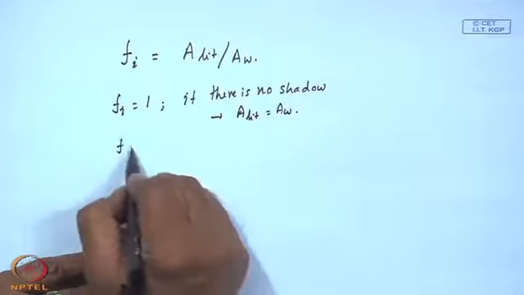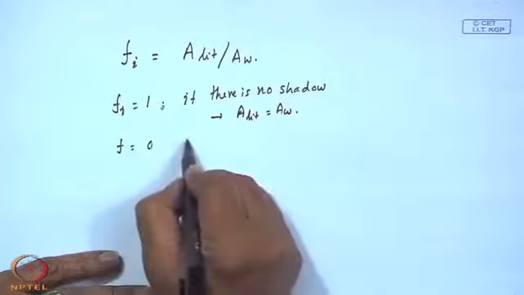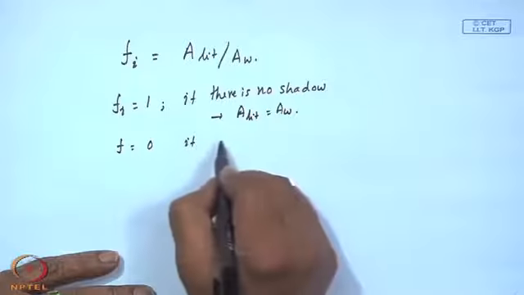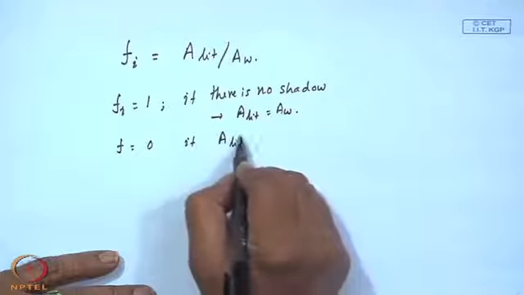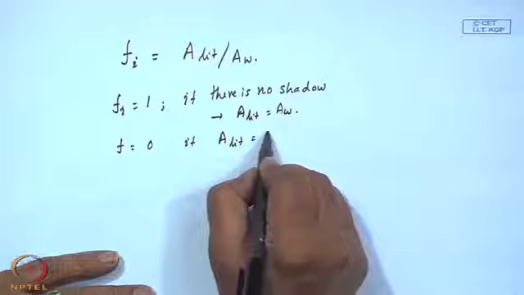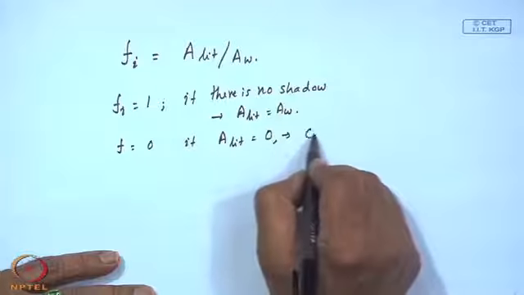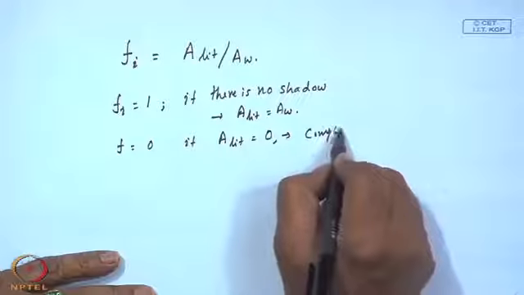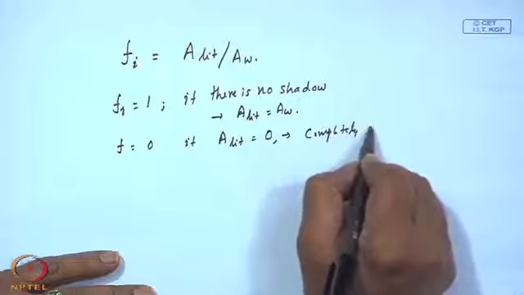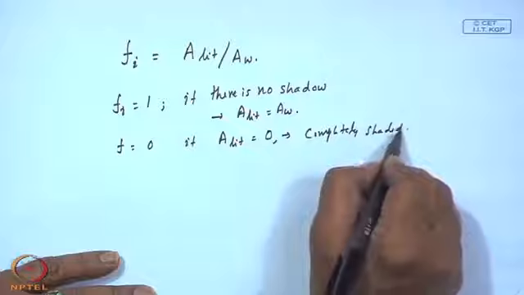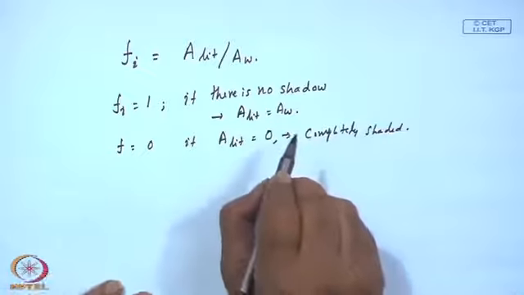And Fi will be equal to 0 if A lit is equal to 0, which means completely shaded. Initially it was confusing even to me.